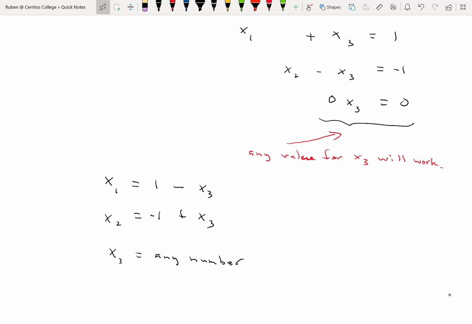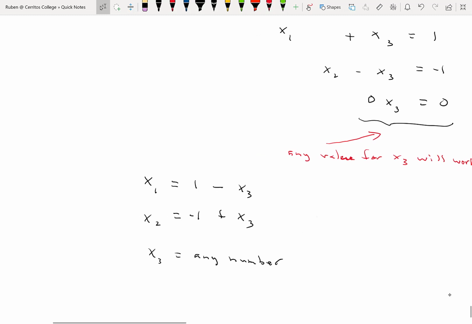Well, you can have all three planes intersecting in a line. Just think about it. You can take two pieces of paper and smash them into each other at an angle, and the intersection would be a line. You could also take a third piece of paper at a different angle than those two planes, and pass it through so that that third plane also hits that line. This is what we're looking at geometrically.